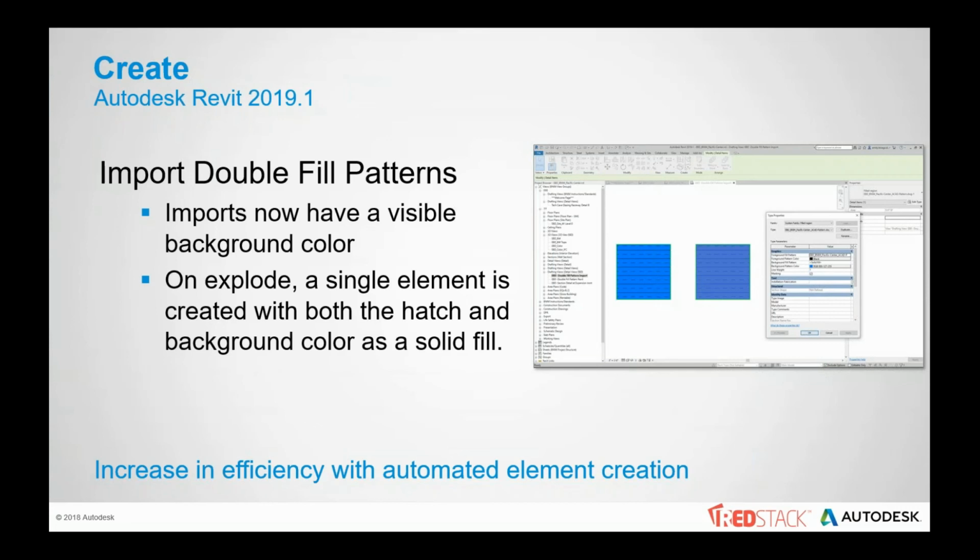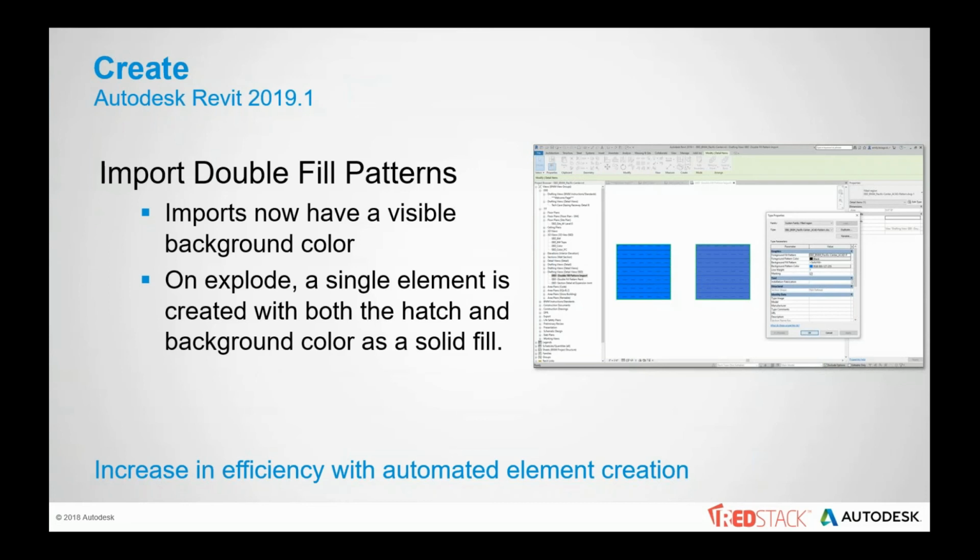So in AutoCAD, you create a file that contains hatches that have a color background, import this file into Revit and explode it. A fill pattern will be created that is a foreground hatch and a background solid fill. In the Revit workflow, you create fill patterns, materials and overrides in Revit that have a foreground hatch and a background solid fill. You export the views with these fill patterns visible to CAD.